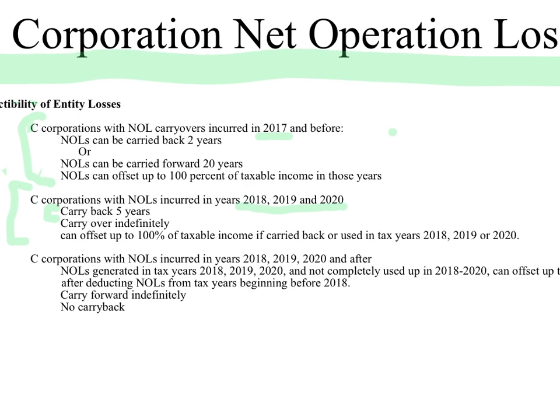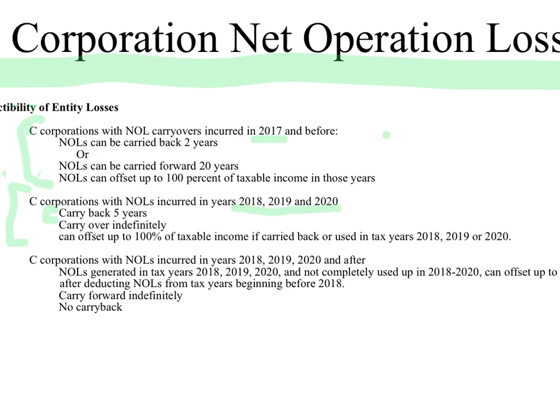And this is kind of the cool part, but also confusing. They could offset 100% of taxable income if they were carried back, or if they were used in 2018, 2019, or 2020.